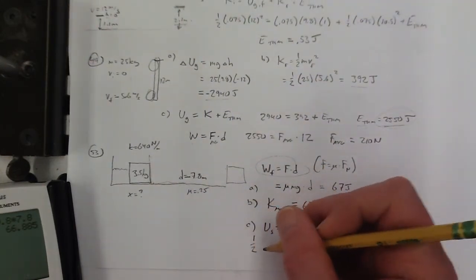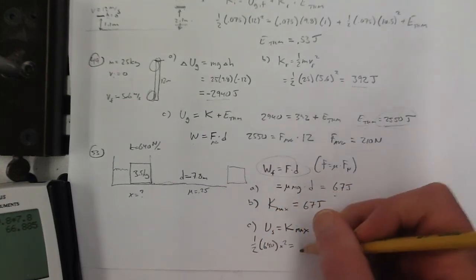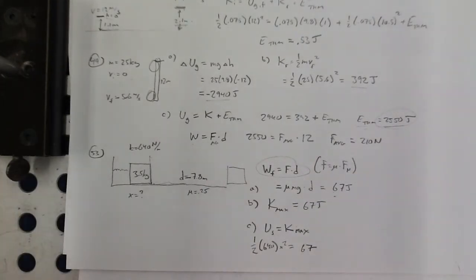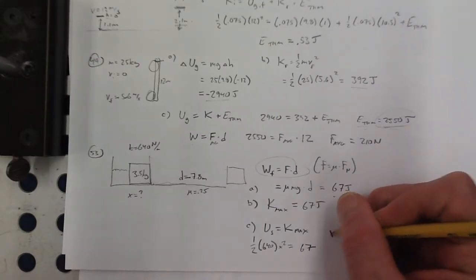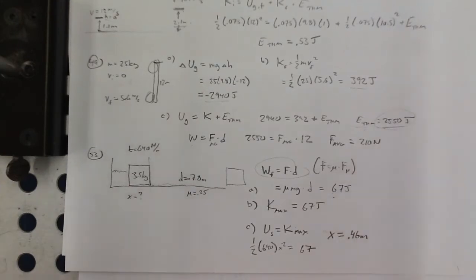So that's 1/2 kx squared. And I think that's going to let us solve for our compression. So let's see if we can get a right answer there. So I got a compression of about 46 centimeters.